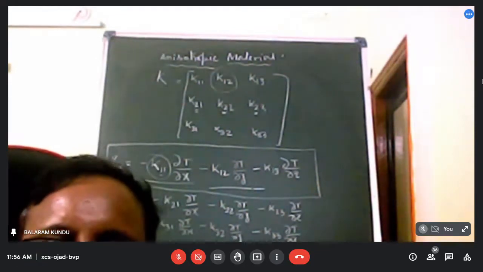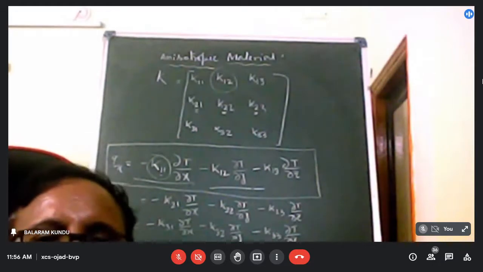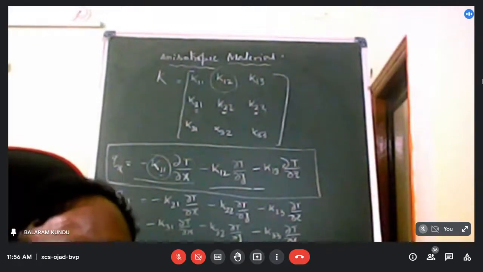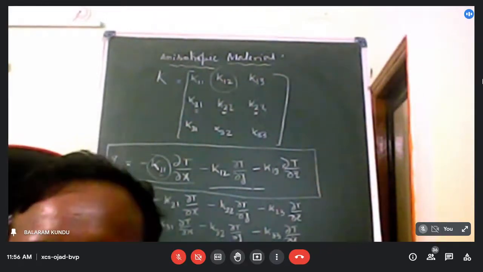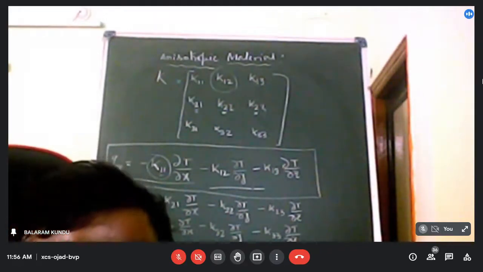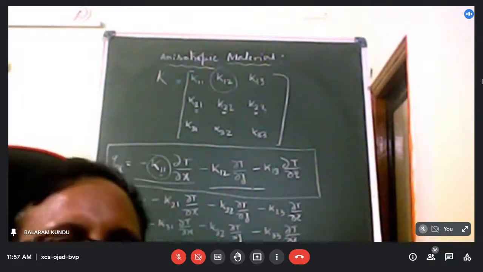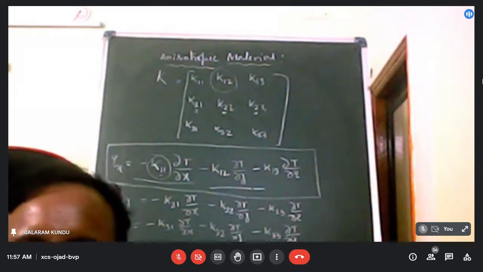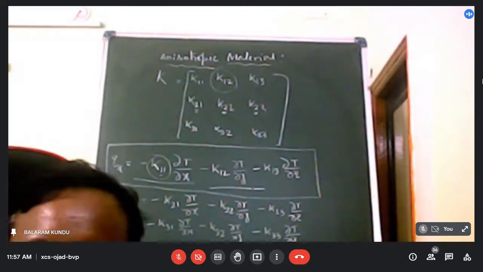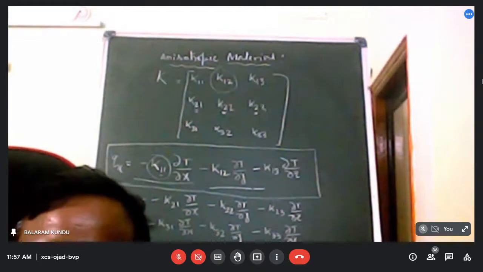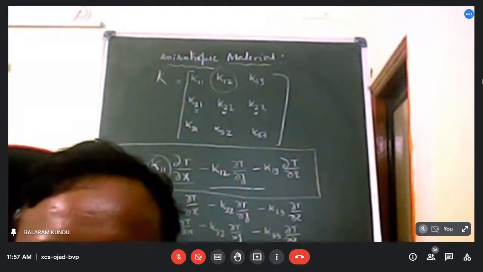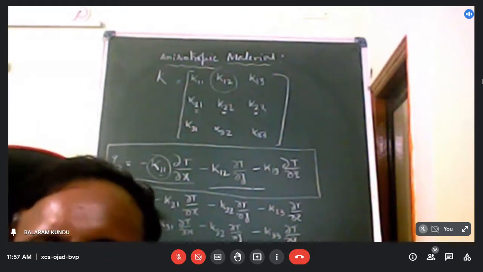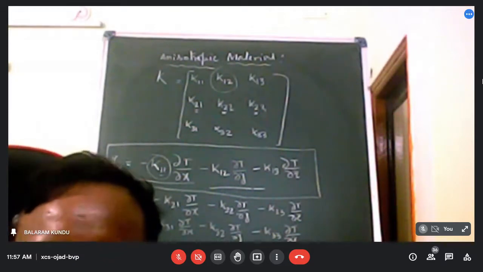So when Fourier's law of heat conduction can be applied in order to obtain the conductive heat transfer rate, then we can apply the Fourier's law of heat conduction. So what is Fourier's law of heat conduction? This is your Fourier's law of heat conduction. So Joseph Fourier, the mathematical physicist, has given one mathematical expression for heat transfer rate.